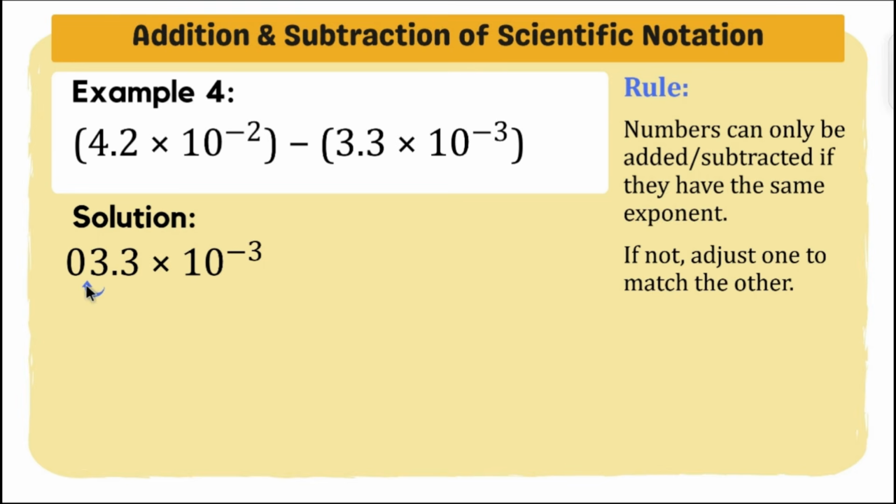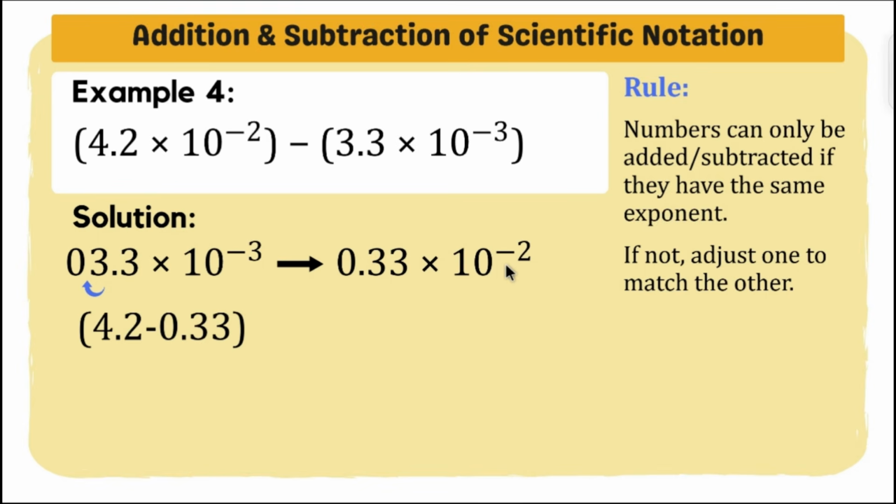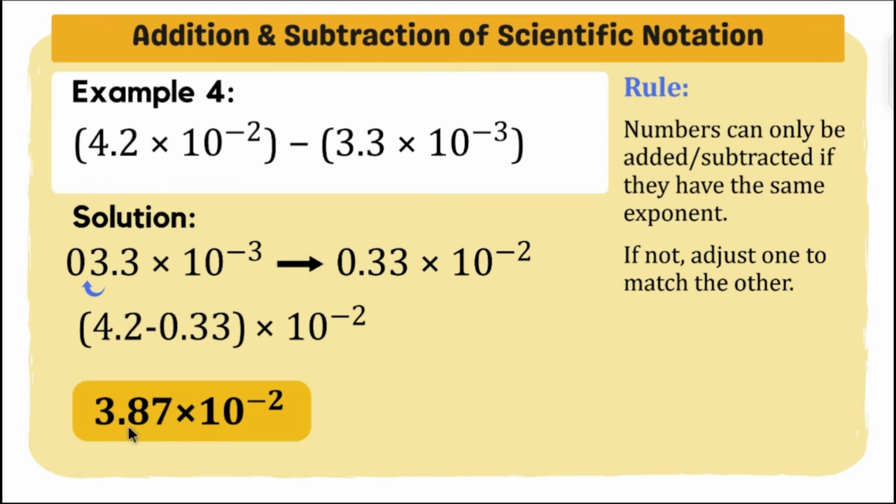So, move tayo going to the left side. So, this will be 0.33 or 33 times 10, magiging negative 2 na po siya. Madadagdagan po ng positive 1, kaya magiging negative 2 na siya. Okay? Now, let's perform the operation. 4.2 minus 3.3. Therefore, our answer is 3.87 times 10 raised to negative 2.